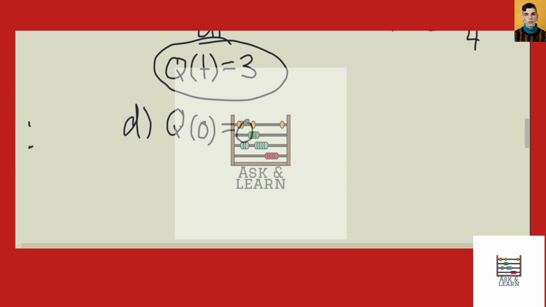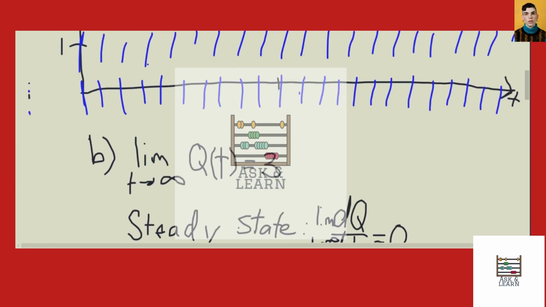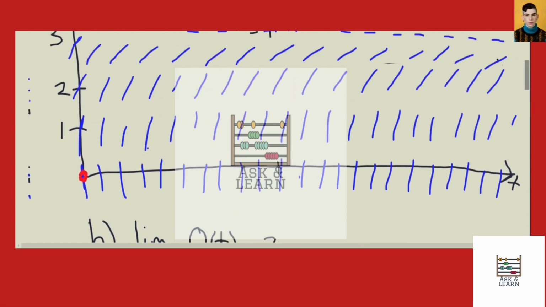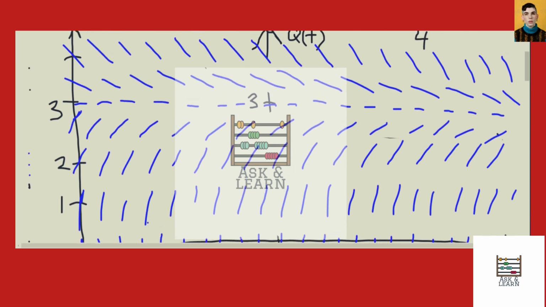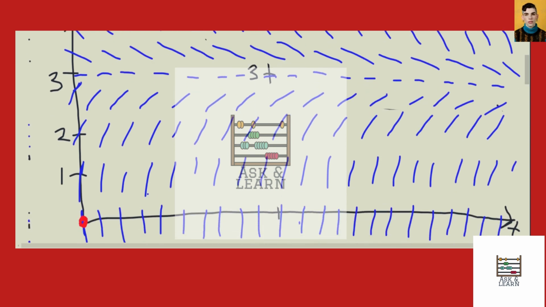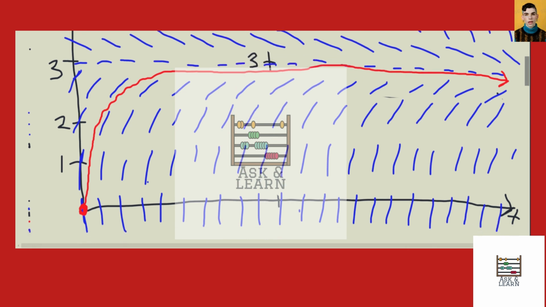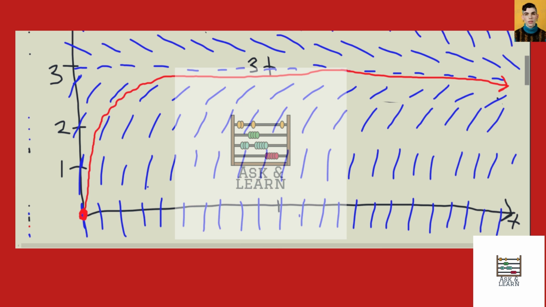And if I graph this in red on our slope field, you see that we have a point at 0, 0. And if I follow the slope field, we quickly increase following these tangents until we start leveling out at around q(t) equals 3. And we follow that as an asymptote. Looks a little bit like some kind of exponential growth.